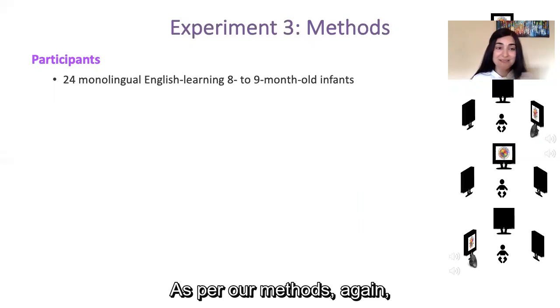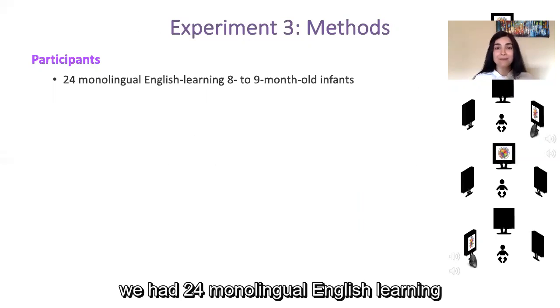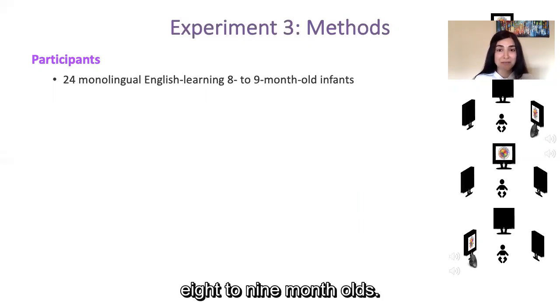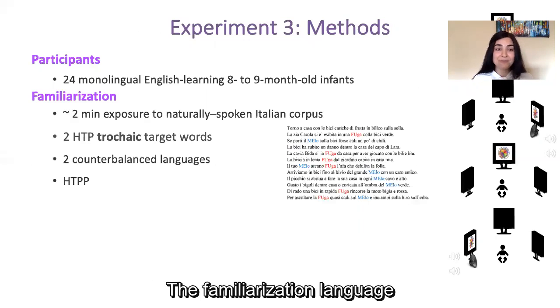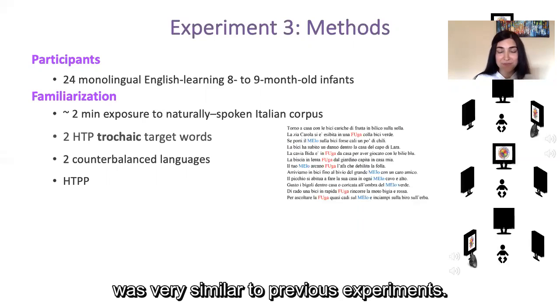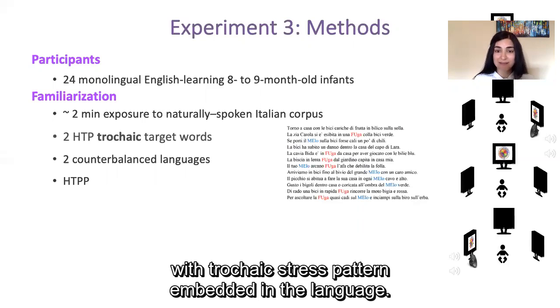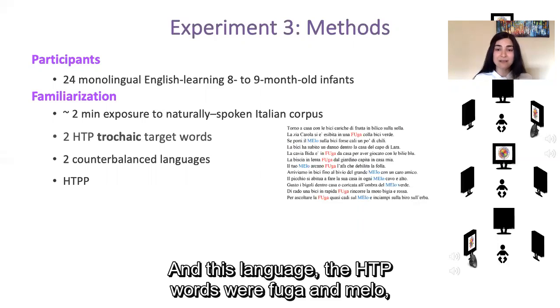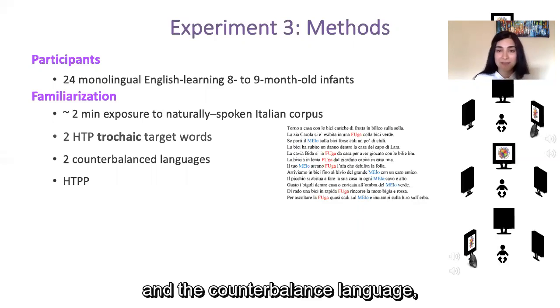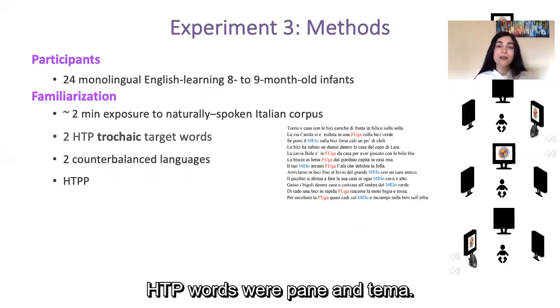As for our methods, again, we had 24 monolingual English learning 8 to 9 month olds. The familiarization language was very similar to previous experiments. There were 2 high transitional probability words with trochaic stress pattern embedded in the language. In this language, the HTP words were fuga and mellow, and in the counterbalance language, HTP words were pane and tema.